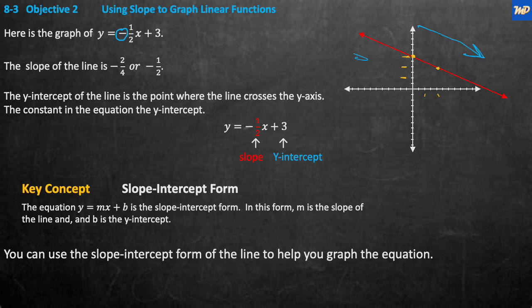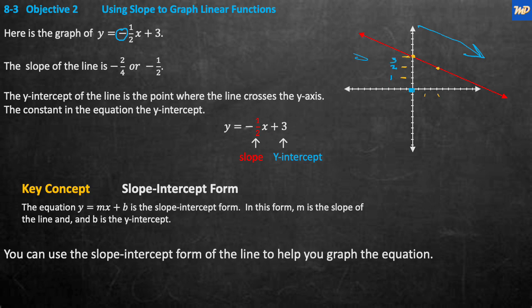The 1/2 says that the movement in y is -1, and the movement in x is 2. So every 2 tick marks is 1. This is starting down here at x and y equals 0. So this is the 1, and this is the 2, and this is the 3 here.